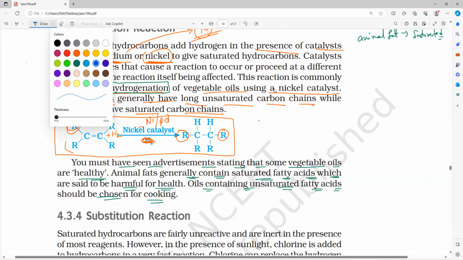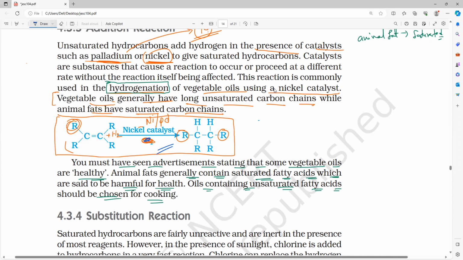Vegetable oils are costly, so they convert them into saturated fats, which is cheaper, and the process is also very simple. That is why they sell the semi-solid one, Vanaspati ghee or vegetable ghee in the market. It is not good for us.